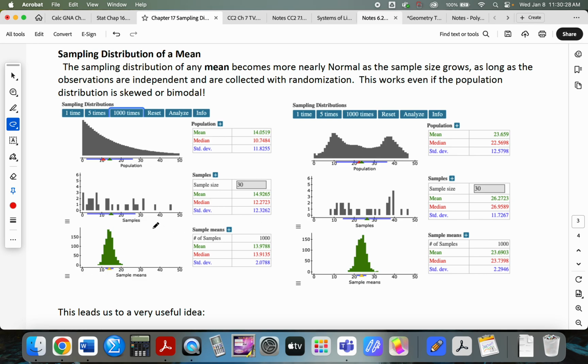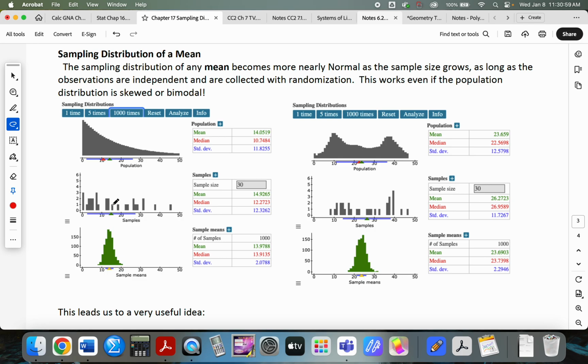So the third one, what we're going to do is, this is one sample, okay? And so there are 30 of them. And then I'm going to take the average of those. So there's 30 samples of 30? No, just one sample.